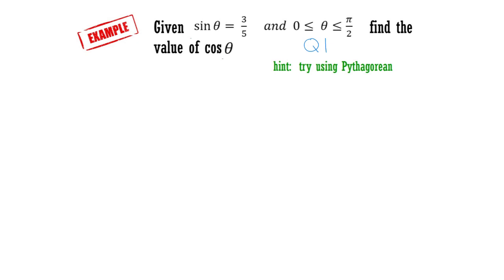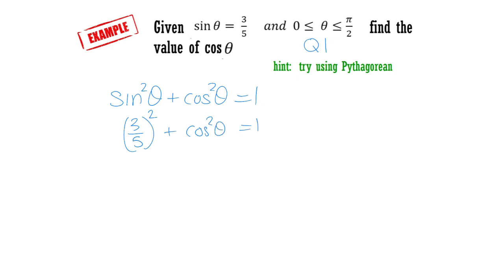Now, the original identities didn't really have a nice connection, but the Pythagorean identities do. So what you're going to do is remember that the identity is sine squared theta plus cosine squared theta is equal to 1. I know what sine theta is. It's 3/5. So I'm going to write 3/5, but I have to square it. Plus cosine squared theta equals 1.